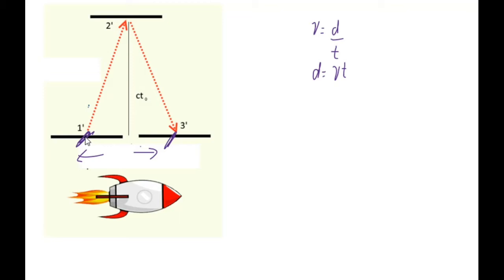So the distance from this point to that point is Vt. But later, we are going to analyze and use this part. So half of that is Vt divided by 2.